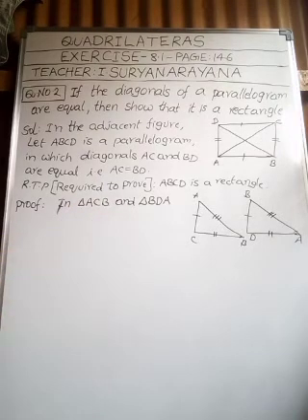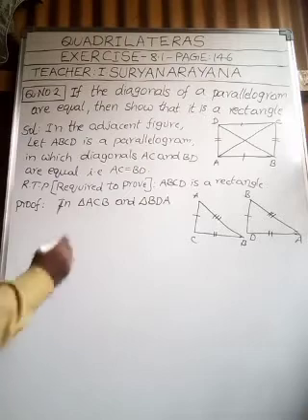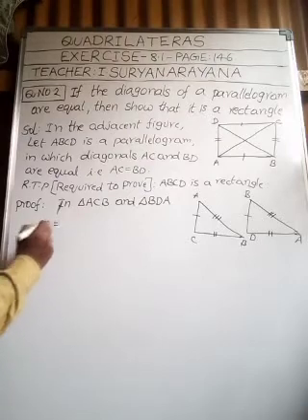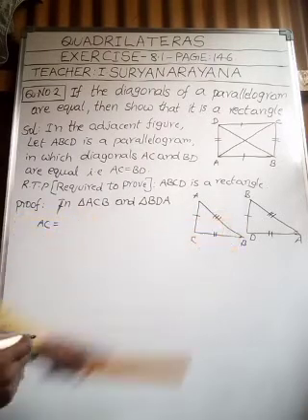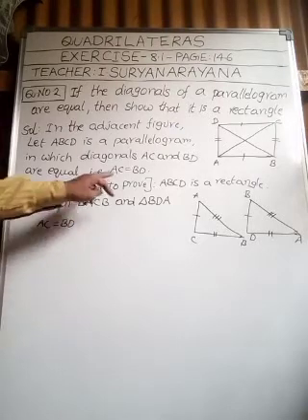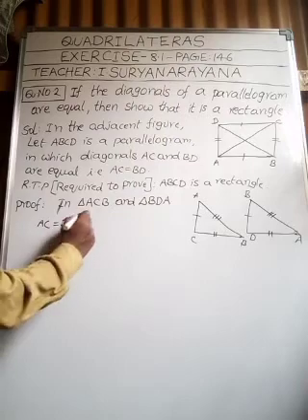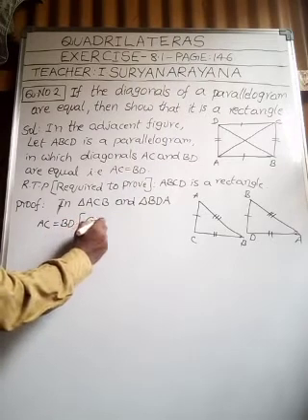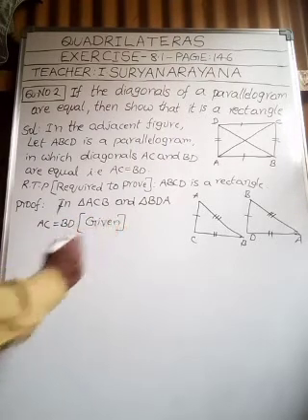Now let us compare the corresponding sides of these two triangles. AC is equal to BD. Already we have taken that; it is a given condition.